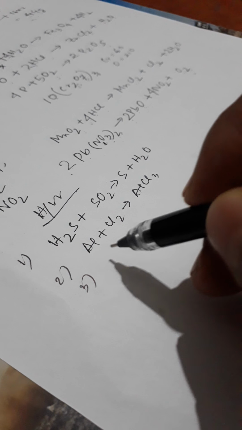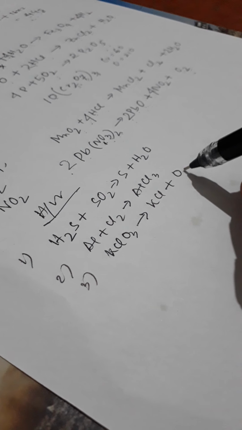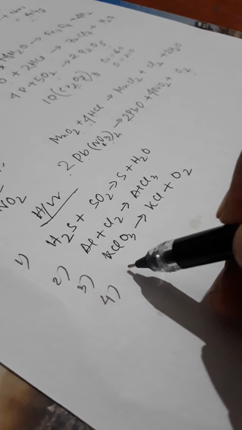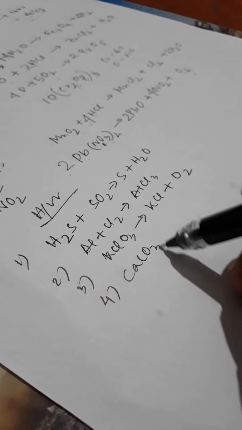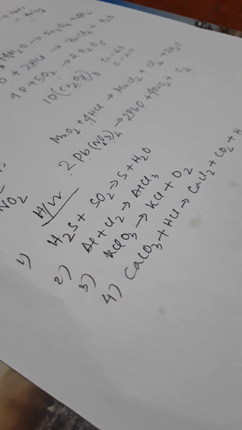Third reaction is KClO3 gives KCl plus O2. Fourth reaction is CaCO3 plus hydrochloric acid gives calcium chloride plus carbon dioxide plus water.